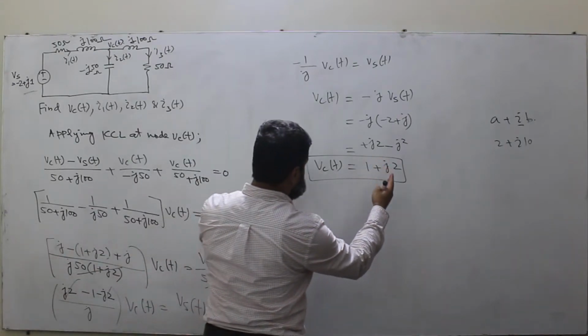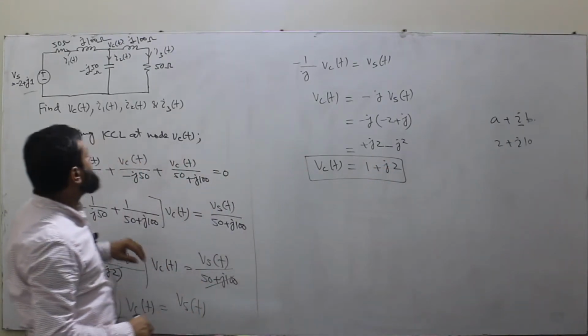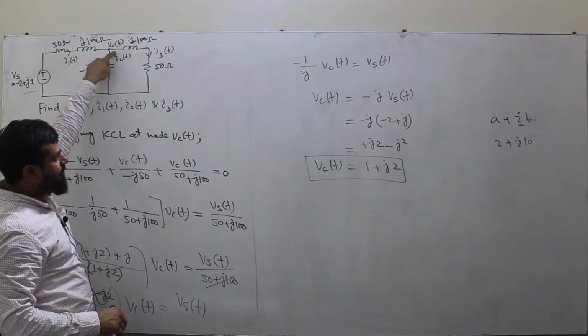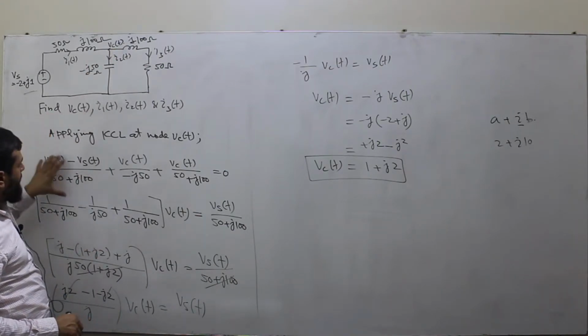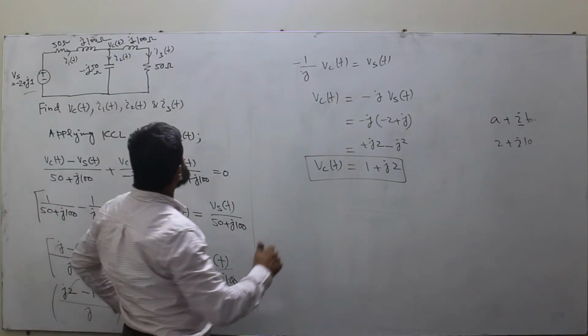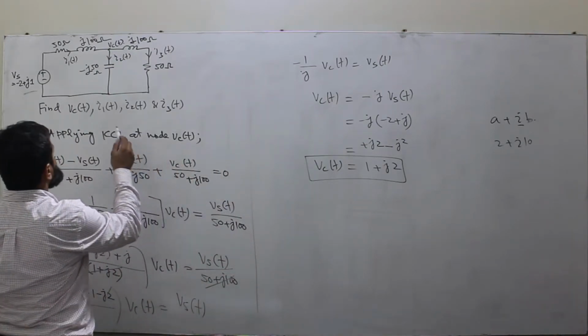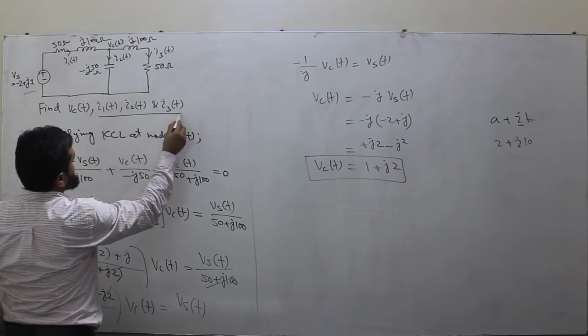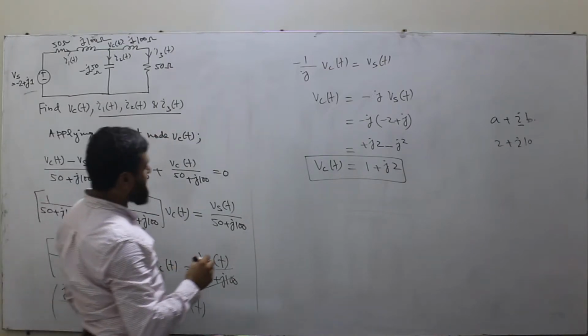After having found the value of Vc(t) at this node using nodal analysis, we can now find the currents that have to be determined.